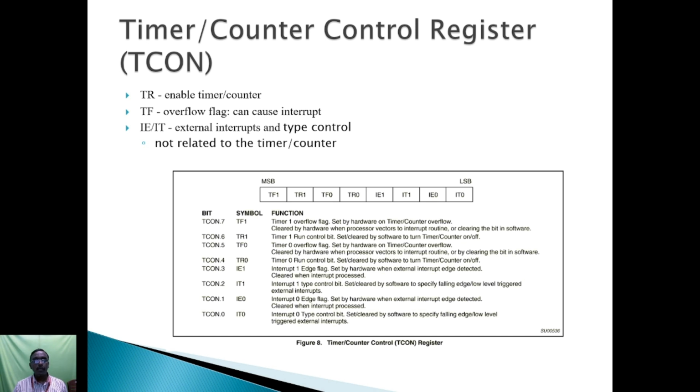Next one is IE1, the interrupt 1 edge flag. Next one is IT1, the interrupt 1 type control bit. Next one is IE0, the interrupt 0 edge flag. Next one is IT0, the interrupt 0 type control bit.